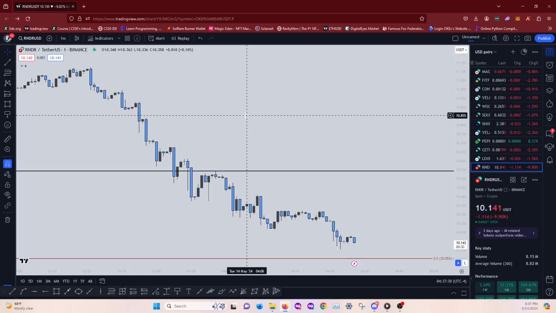There needs to be multiple confluences to support your idea. It all needs to line up. It's like the stars aligning, right? You're not just looking at fair value gaps and going, oh, I'll enter there, and you're not just looking at order blocks and going, oh, I'll enter there. There has to be other confluences to support the idea, and we can go over that as well.